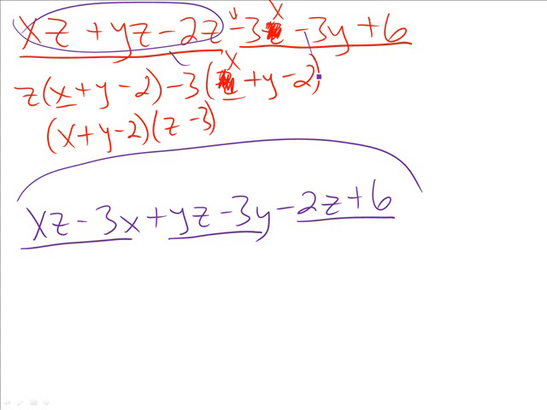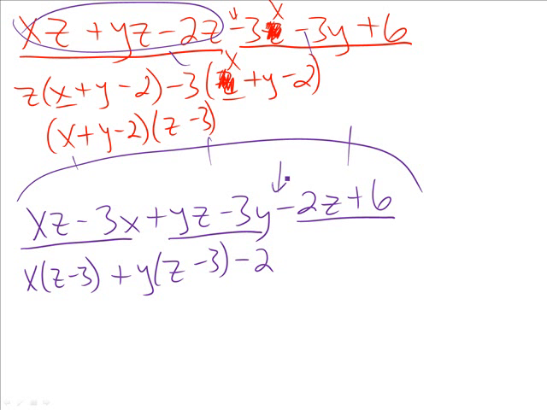Up here we have 2 groups with 3 terms each. Here we have 3 groups with 2 terms each. It's going to work. Watch. Factor out a common x, we're left with z minus 3. Common y, we're left with z minus 3. Common negative 2, because of the leading negative, and we're left with z minus 3.